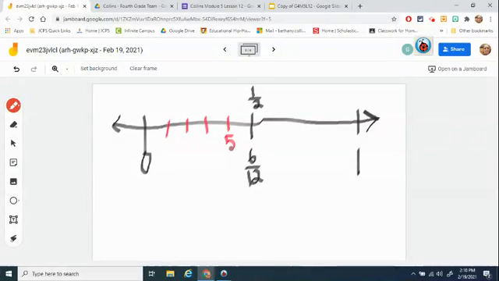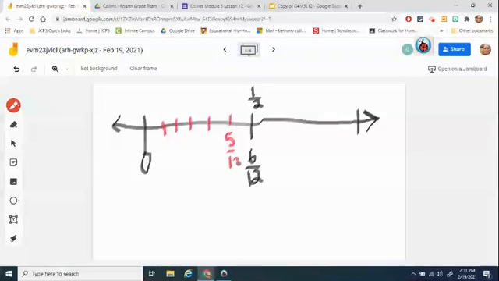So 5/12 would be like there, because this would be 1/12, 2/12, 3/12. Oh, we missed a 4. I made fifths. Let's try again. There we go.